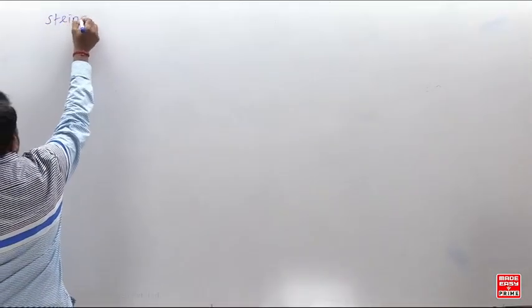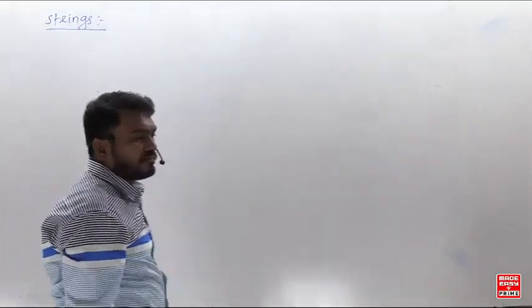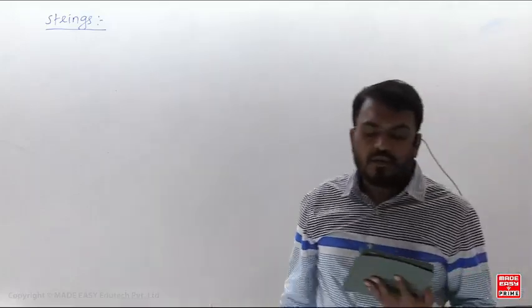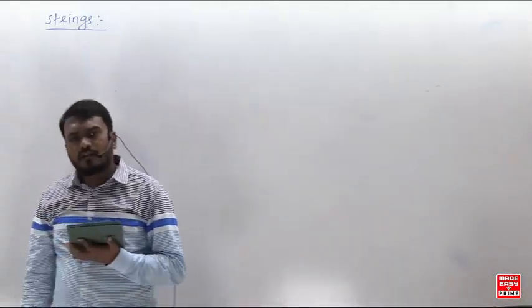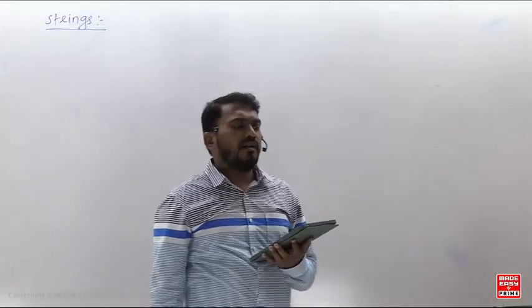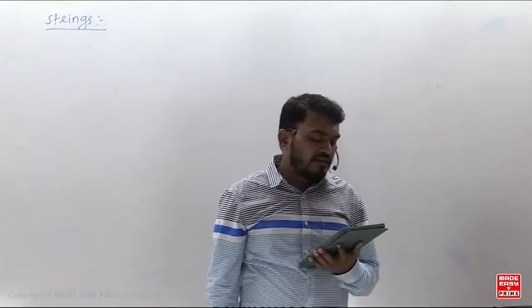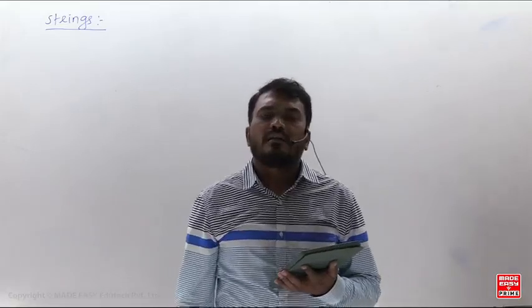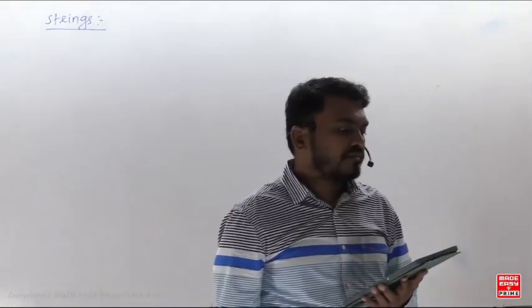The next one, strings. Note down all the points one by one. Keep the heading strings. We are in the pointers only, it is all part of pointers only. Note down first point. Character array is called a string.